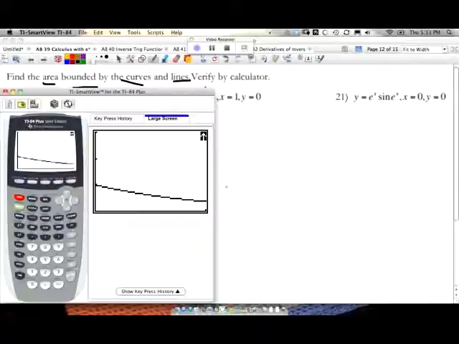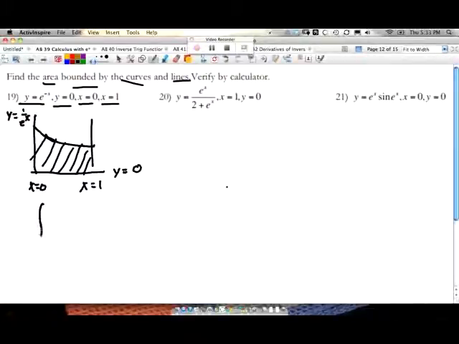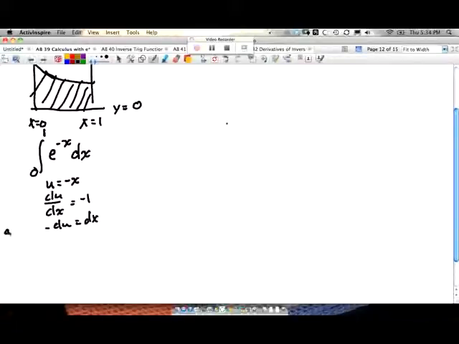So wait a second. Let's set this up. That means I'm going to have the integral of e to the negative x from 0 to 1. Well, this needs to have a negative in there, but it doesn't, but it needs one. So when I say u equals negative x, du dx equals negative 1, that means negative du equals dx. Okay, we've done that enough times. But that also means that a is really negative 1 times that, so that's going to be 0.